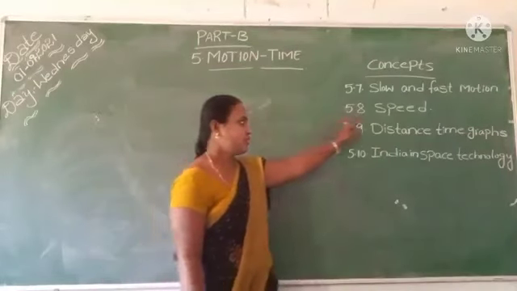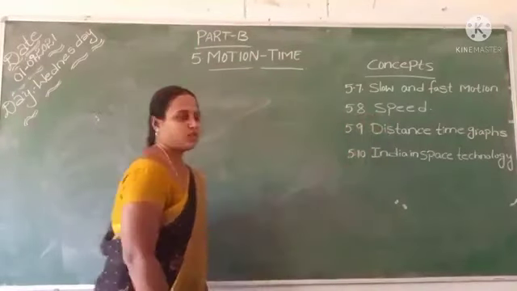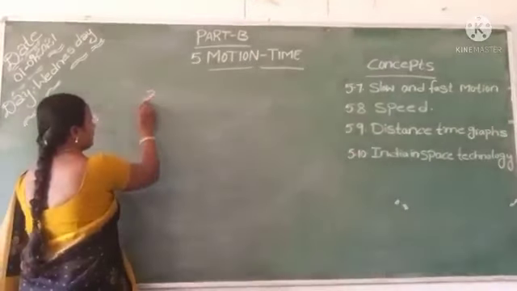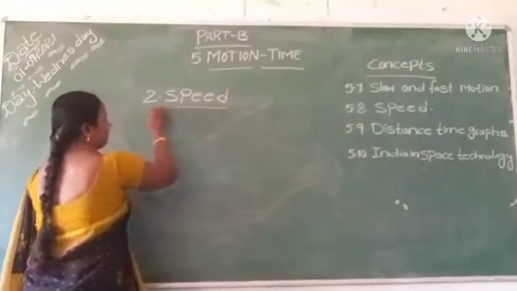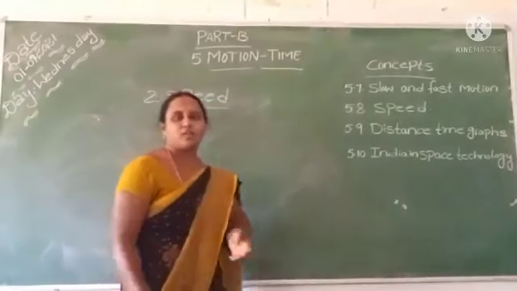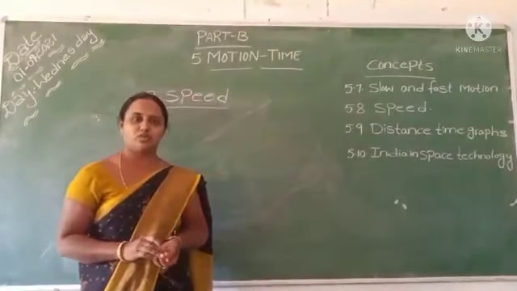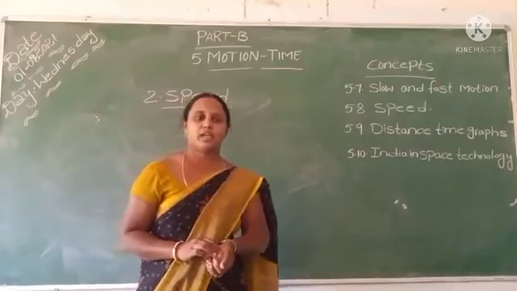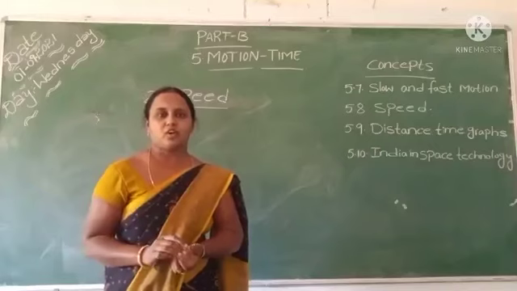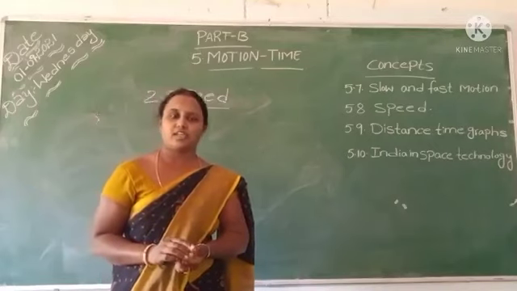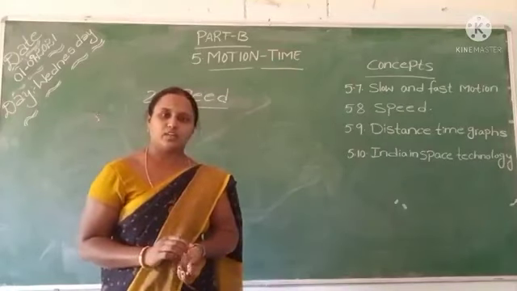Next another one is speed. Now we are going to discuss speed. When we travel, we go fast and we go slow. When we go fast, we can get many accidents on the road. When we go on the bike, we have to go slowly and carefully.